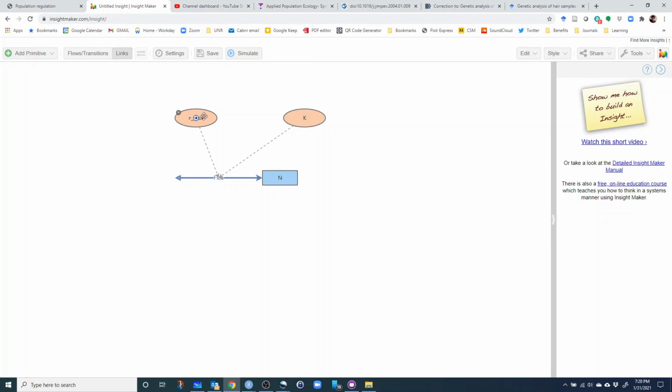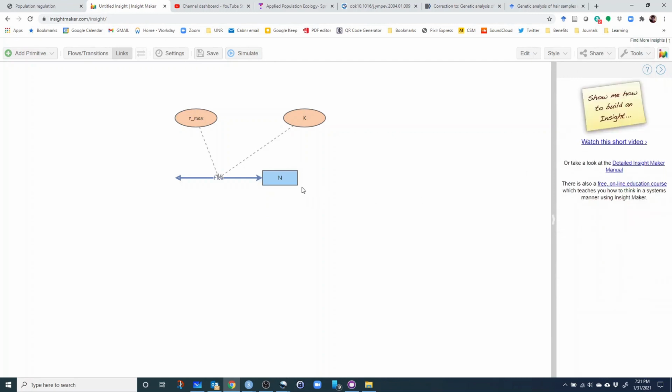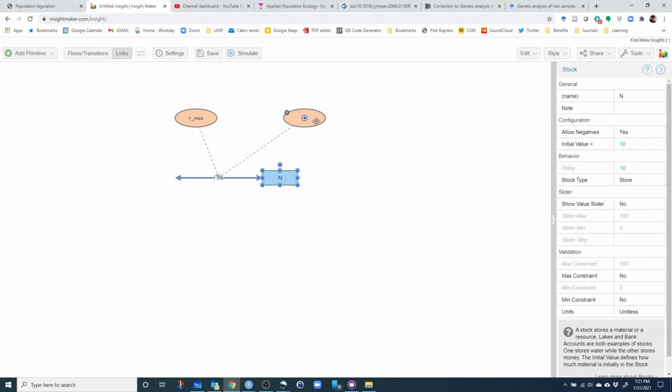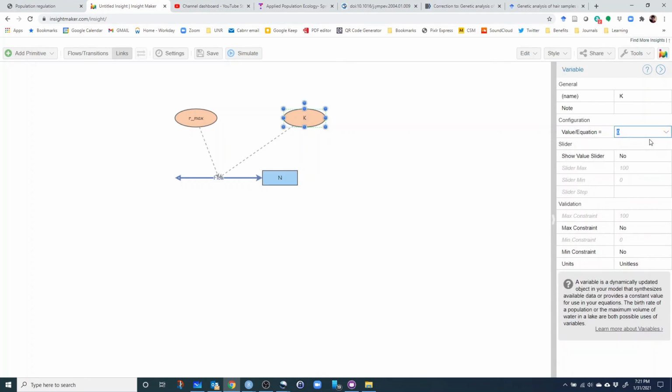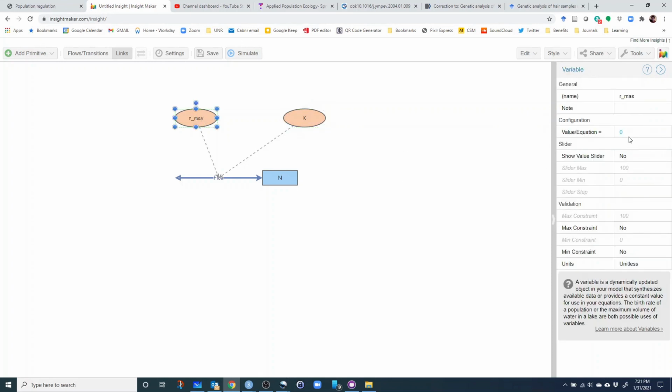So let's put some numbers on this. Let me just start this. This could be anything, and I'll just start it at 10, and let's make carrying capacity 500, and I'll put an Rmax of 0.9. I'm just making some numbers up.